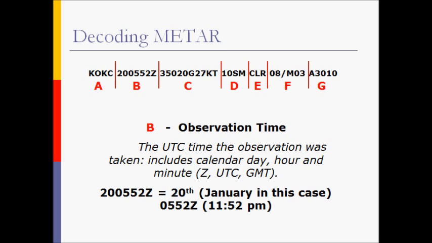Because if each country uses one or more of their own time zones, things could get confusing, right? So UTC is a set time zone that all the nations of the world agree on when they exchange weather information with each other. And this weather information obviously is useful for analysis and forecasting.